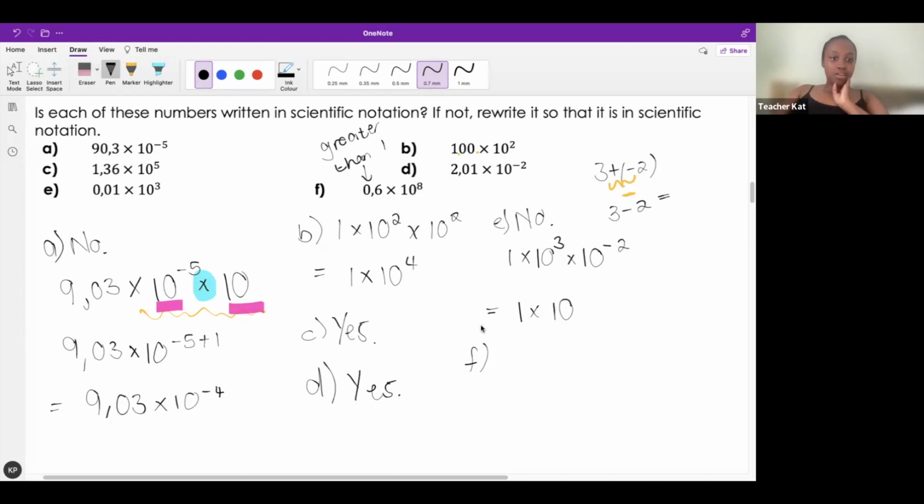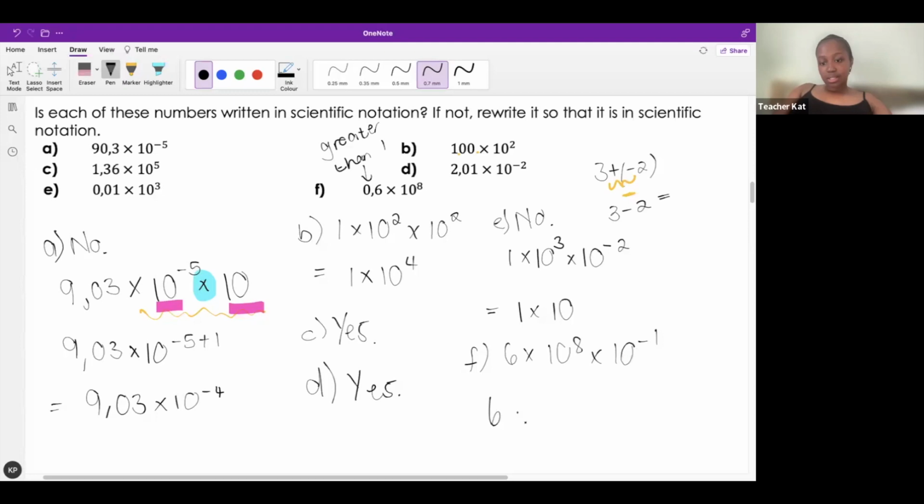We want our comma after the 6, right? So it's 6, then we have times the 10 to the power of 8 that was already there, times, did we move this comma left or right? Right, so my exponent is negative. And how many times did we move it? Once, okay?